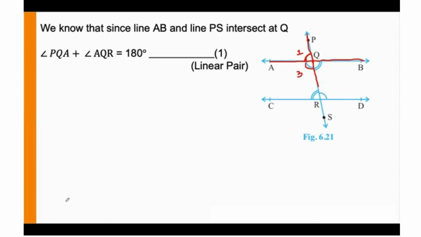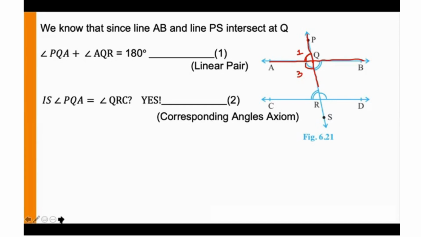Because they are a linear pair. Is angle PQA, angle 1, also equal to QRC? Let's look at QRC and call it angle 5. I'm going to number them all.